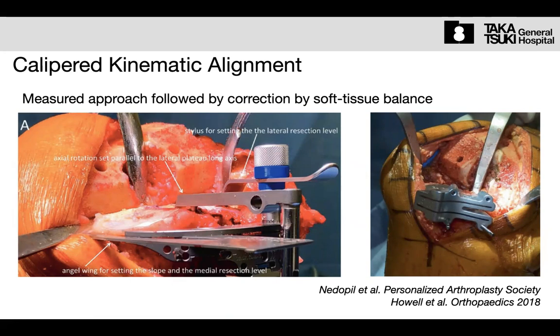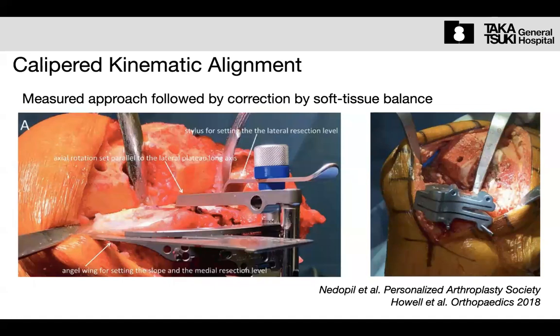Then this posterior slope adjustment is relatively easy, but the difficult one is the medial slope. So anyway, once we decide the medial slope and cut first, then we evaluate the gap. If the medial gap is tight, we can recut the tibia 1 degree or 2 degrees more.